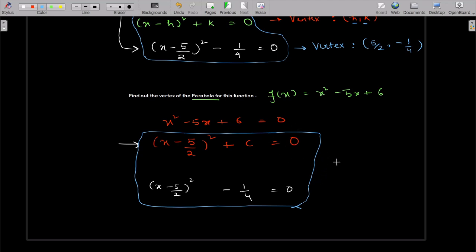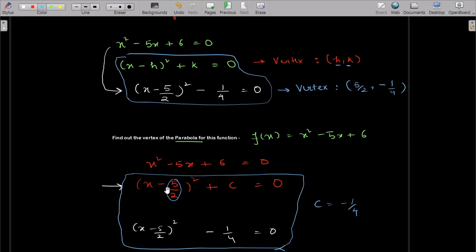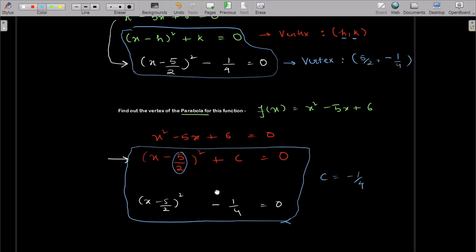So what will be the value of c? C would be negative 1/4. So this is the second way the question can be formulated. They will just remove this 5 over 2, and instead of this, they'll put another variable. So you should know how to convert the standard form to the vertex form. Then it doesn't matter what they ask. You can just convert it into the vertex form and you can tell any value.